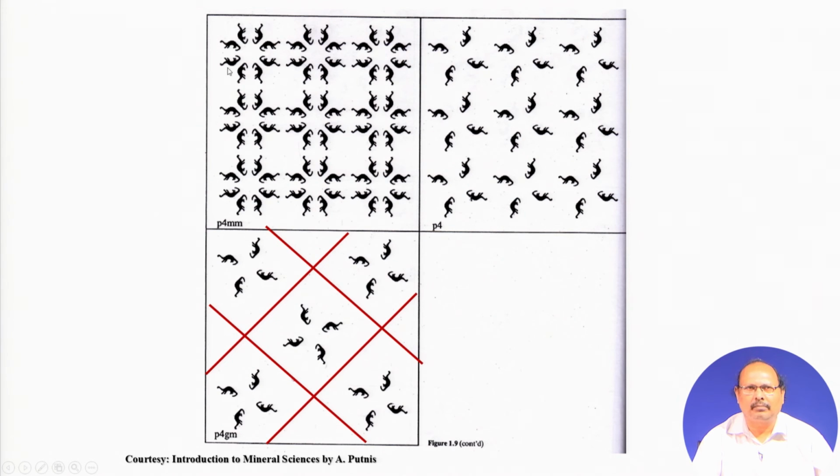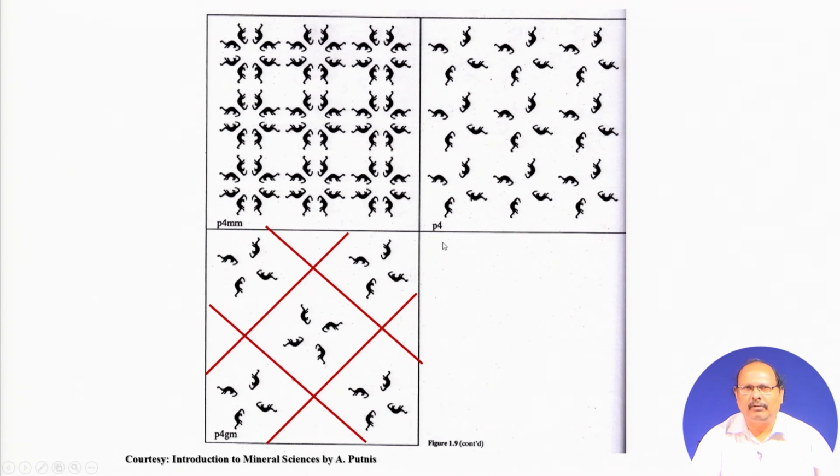If you generate one pair here and the other 1, 2, 3, in total 4 pairs can be very easily generated here. And this can be translated along vector A, and the distance is A, and you can also translate it in the orthogonal orientation along the same vector A. So, the angle is 90 degrees. You essentially generate this square lattice here, but we call this P 4 mm.